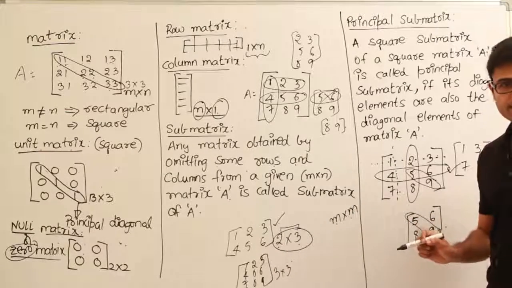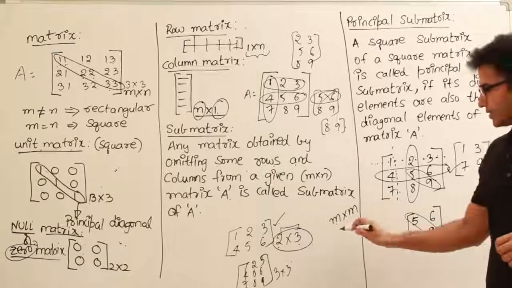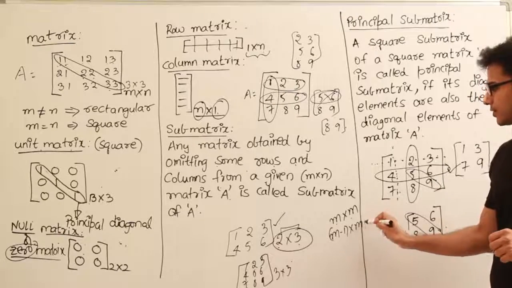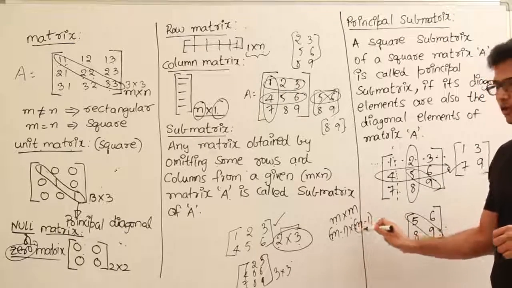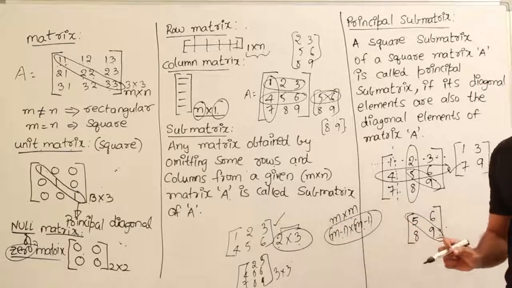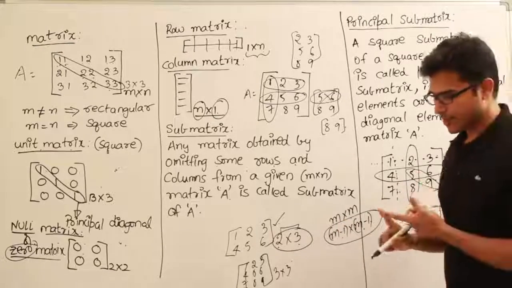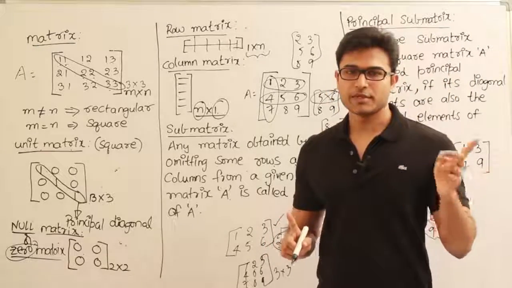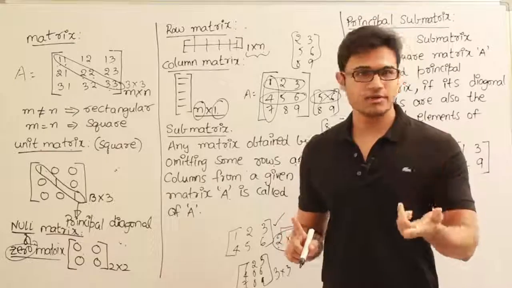And if you eliminate exactly one row and exactly one column, then the resulting matrix is going to be m minus 1 by m minus 1, isn't it? Because we have eliminated only one row and one column, the resulting matrix is also a square matrix, right? So always remember this: from a square matrix, if you eliminate exactly one row and one column, the resulting matrix is also going to be a square matrix.